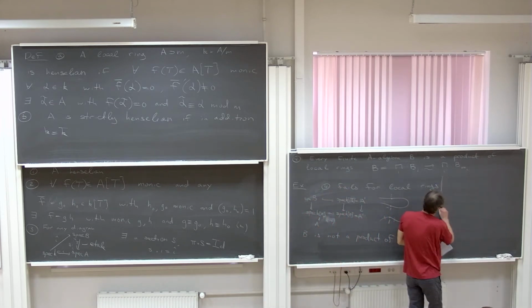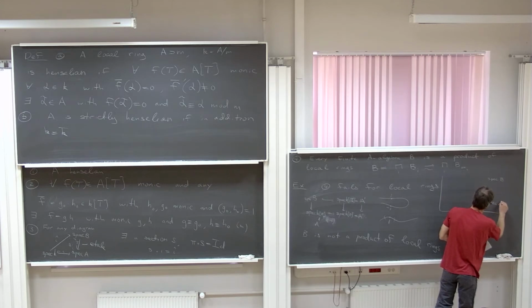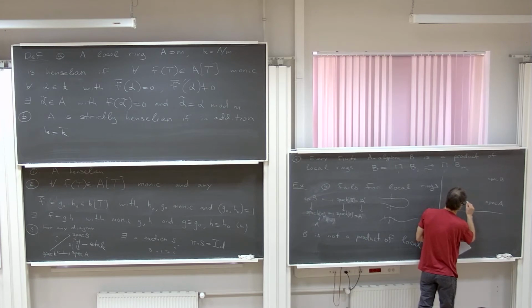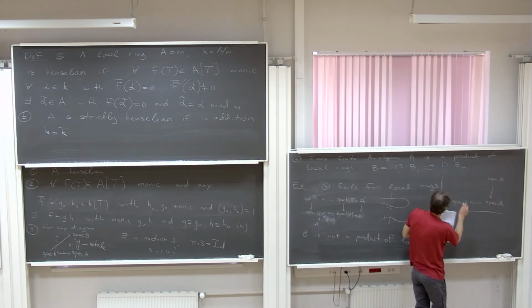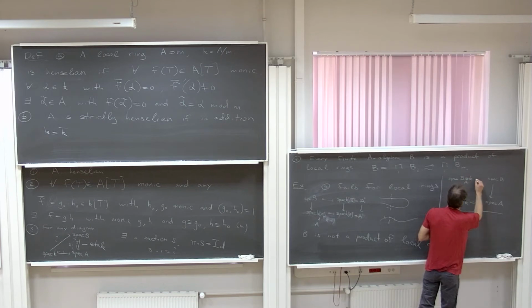So you have spec B, you have spec A, you have spec K sitting here, and you can take the fiber of spec B over spec K. So this is spec B tensor K over A, right?